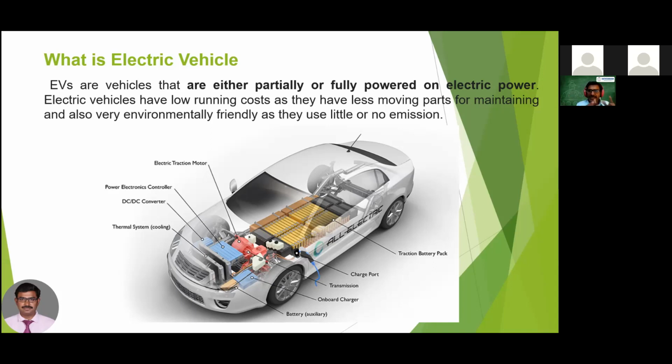So this is what an electric vehicle is. Here is some picture of the electric vehicle which I have shown. Here you can see the main parts of the electric vehicle. First is the traction motor, then the battery, then the power converter and controller, and the battery management system. These are the main parts of the electric vehicle system.